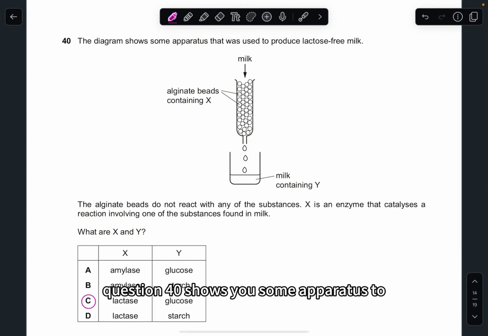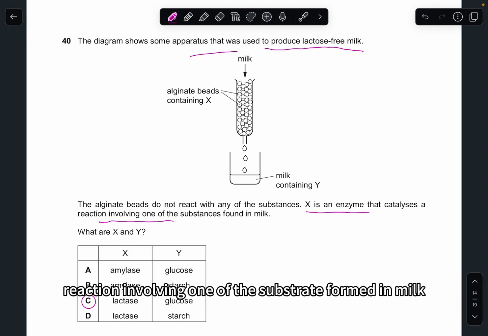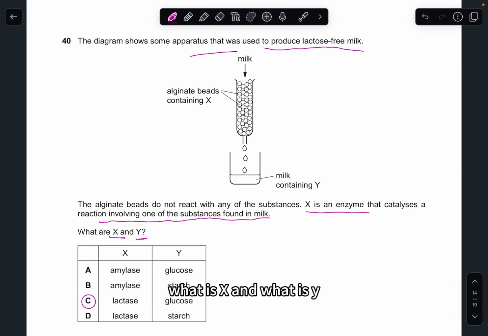Question 40 shows you some apparatus to produce lactose-free milk, and they say X is an enzyme that reacts with one of the substrates found in milk. What is X and what is Y?